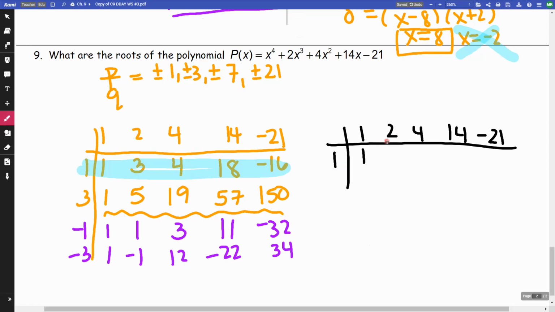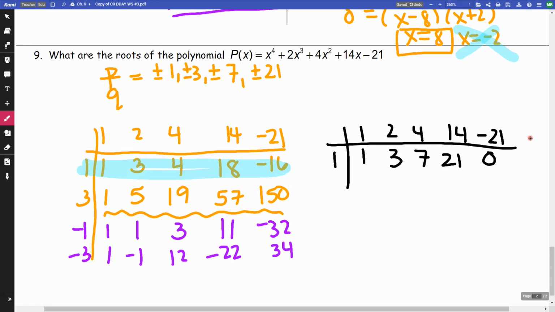1 times 1 is 1. I add it to 2, I get 3. 3 times 1 is 3, but I add it to 4 and I get 7. 7 times 1 is 7. I add it to 14, I get 21. 21 times 1 is 21. I add it, I get 0.